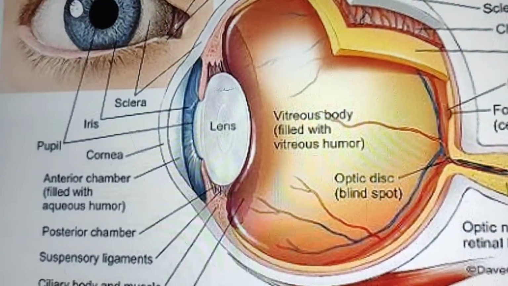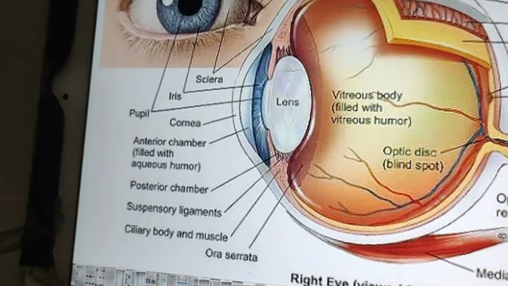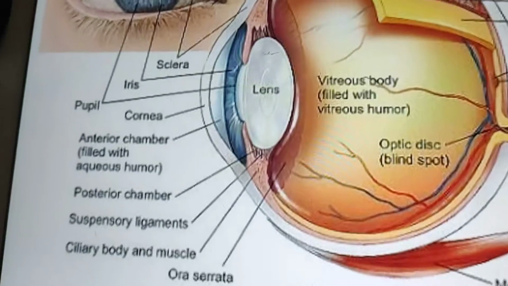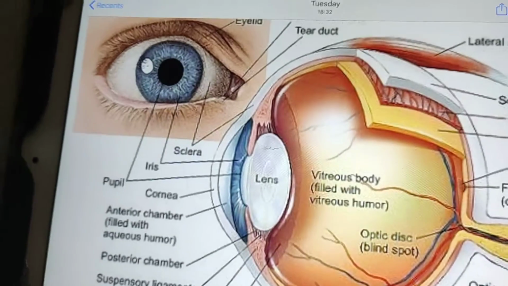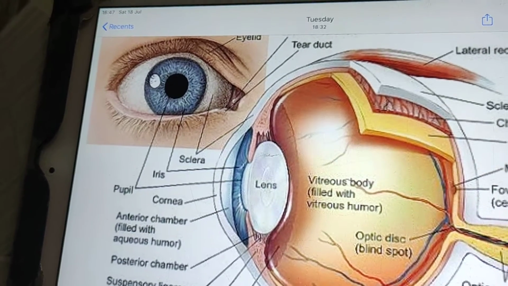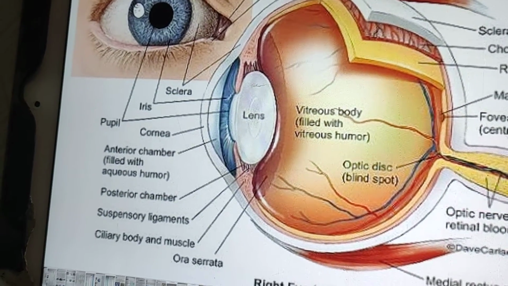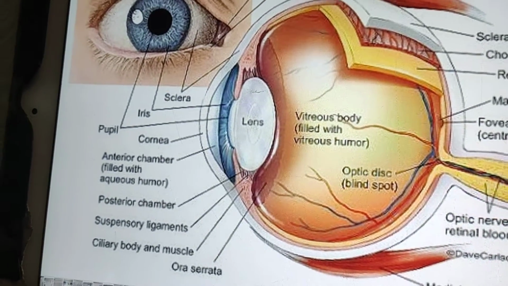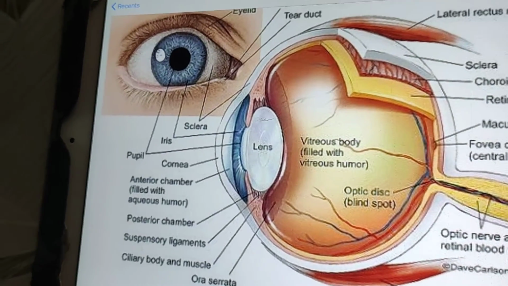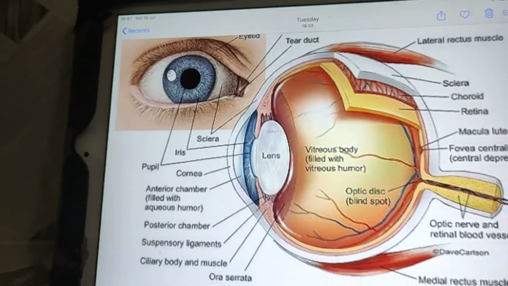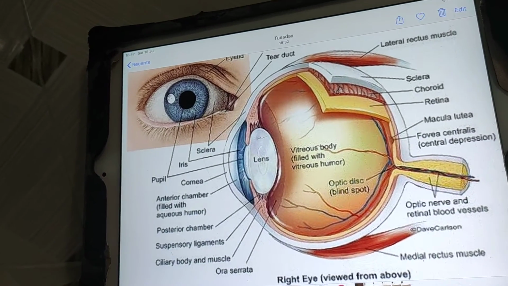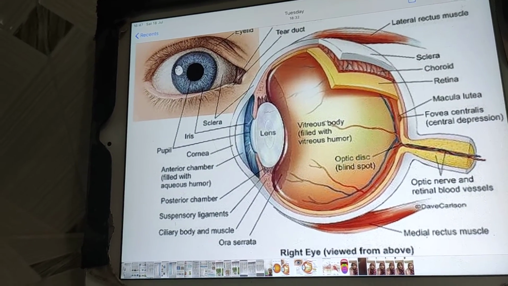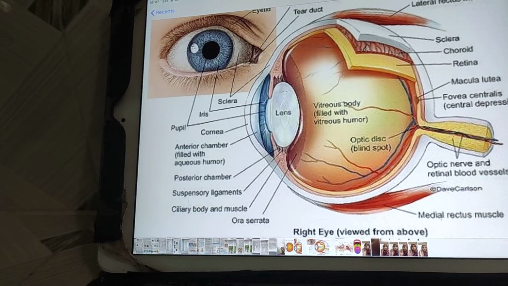Students, the eye is a very important part of our body and we should be careful and take care of our eyes. How can we take care of our eyes? We should clean our eyes regularly with clean and safe water, and use a piece of clean cloth to wipe our eyes.